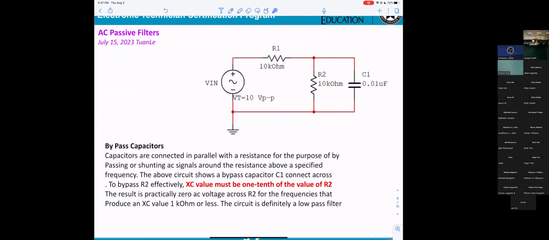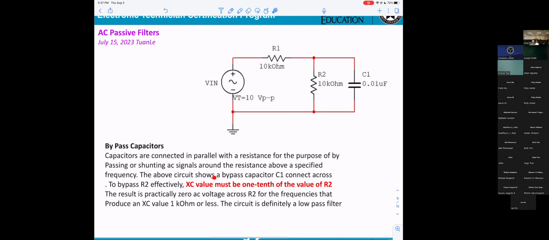Bypass capacitor. This is what they call a bypass. Capacitors are connected in parallel with a resistance for the purpose of bypassing an AC signal around the resistance above a specified frequency.